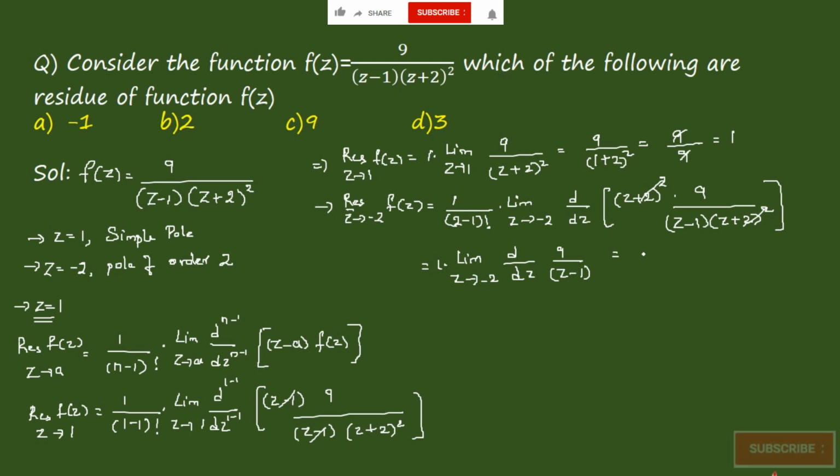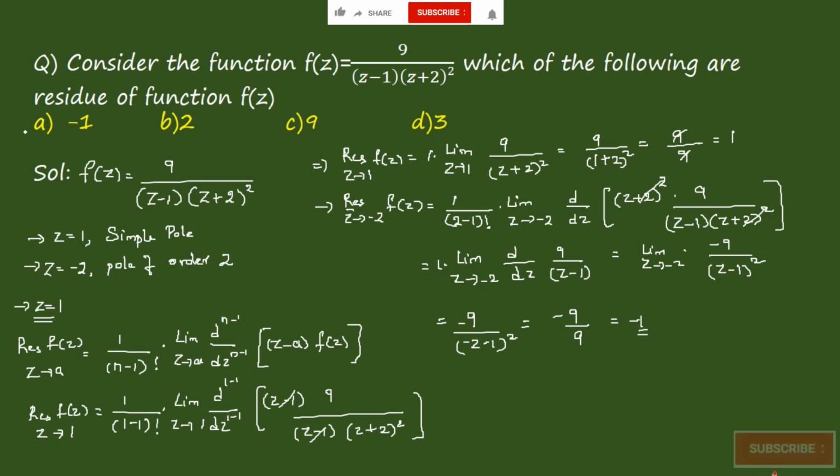When you differentiate it, it becomes minus 9 by z minus 1 whole square. So just substitute minus 2 here, we get minus 9 divided by minus 2 minus 1 whole square, which is equal to minus 9 by minus 3 whole square, it becomes 9, which is equal to minus 1.